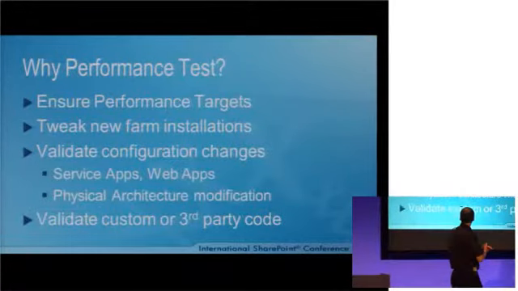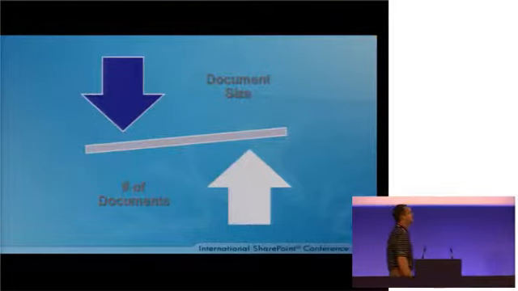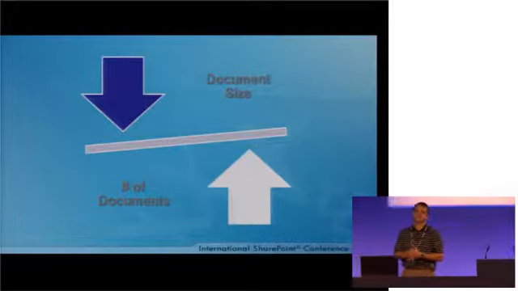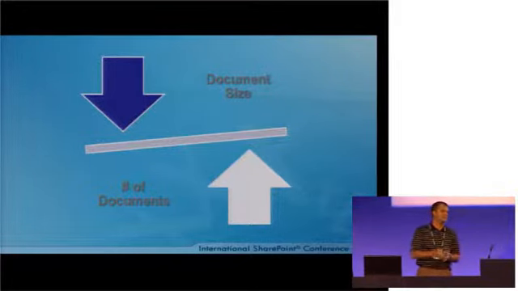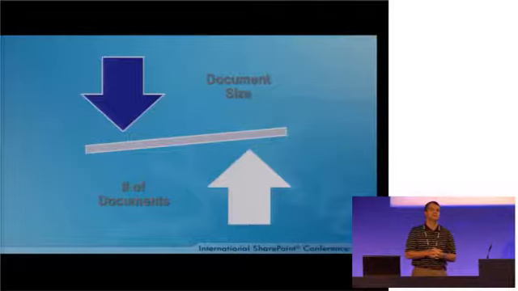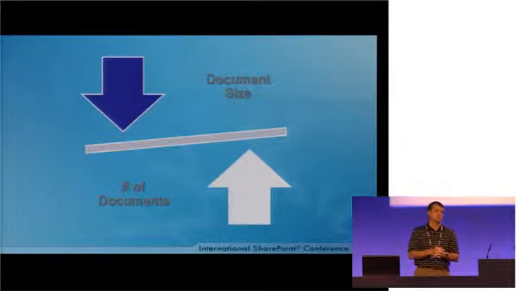I'm going to do one slide here, just a common sense slide I'd like to talk about. And that is when you look on TechNet about the maximum capacity. So how many documents can you have in a document library? 30 million. Yeah, very good. And what's the default upload size of a document? Right. So what's the largest document upload size?